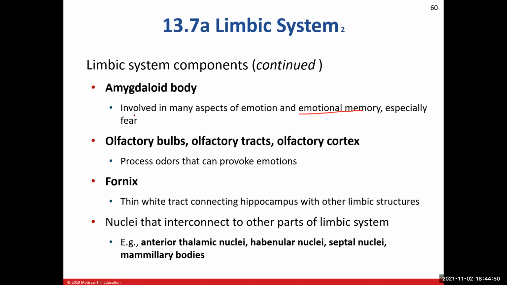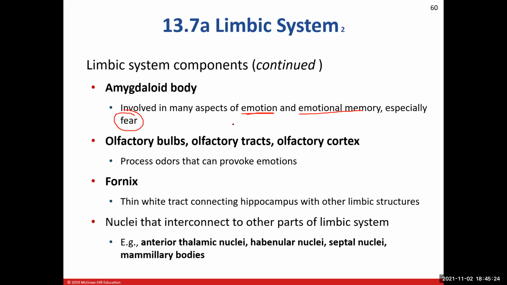I wish I could remember the name of the condition; it escapes my mind right now. But if you lesion the amygdaloid body, these folks can exhibit very odd sexual behavior, and they will have very obscene outbursts with a fearful response. So think of the amygdaloid body as the emotional center and emotional memories.